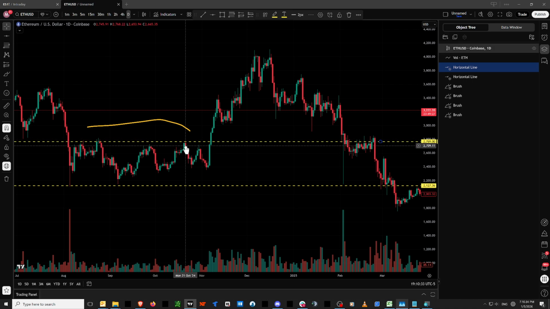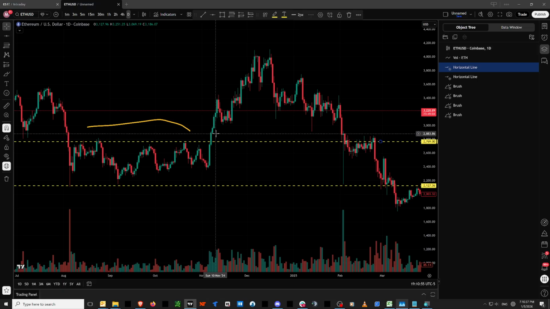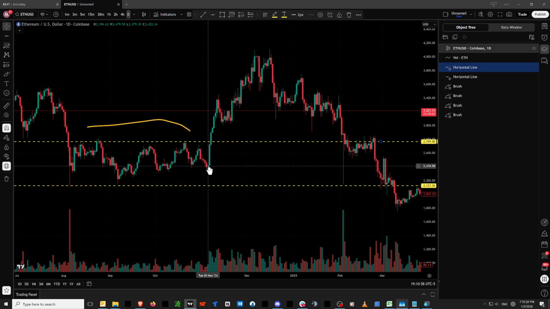Comes close, third time. Now, the thing to understand about horizontal, well, any kind of resistance line, whether we're talking about horizontals or diagonals, the more times it tags it, the stronger it is. But eventually, when that break occurs, notice the violence, the move, the power of the move to break it.